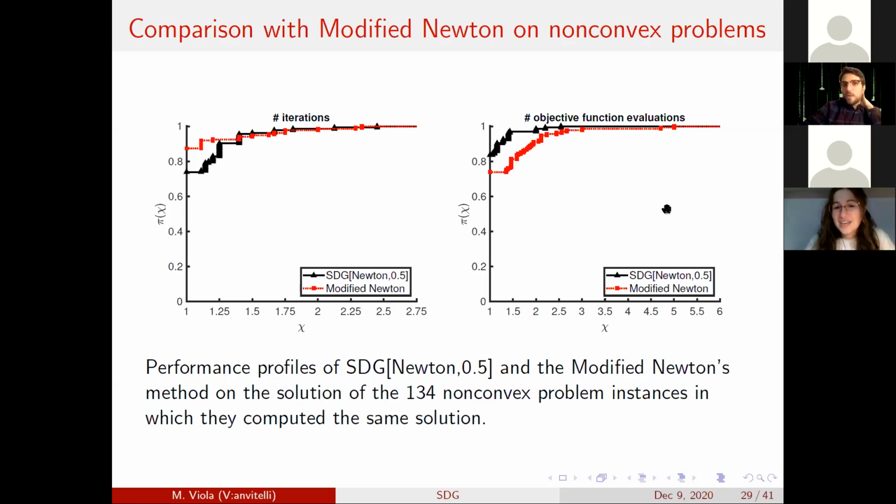We had to perform the comparison on iterations and function evaluations because the implementation we had of the modified Newton was quite slow. It used some MEX files which were not optimized, and it would have been very unfair to compare it, because the time of our method in MATLAB turned out to be two orders of magnitude smaller. So it would be very unfair.